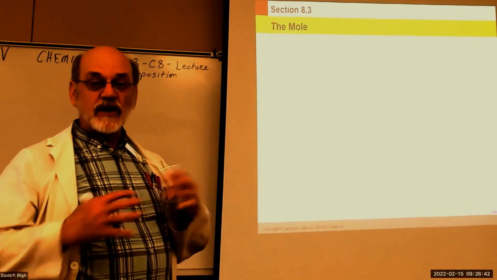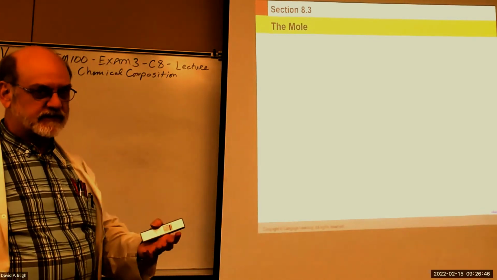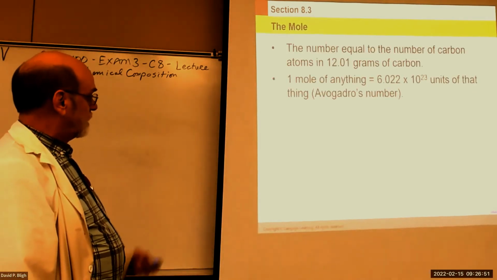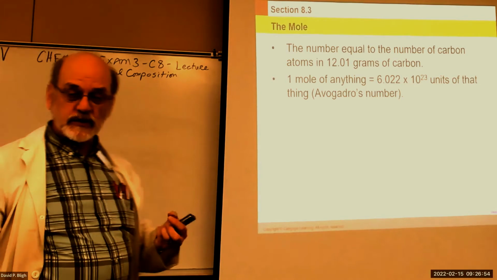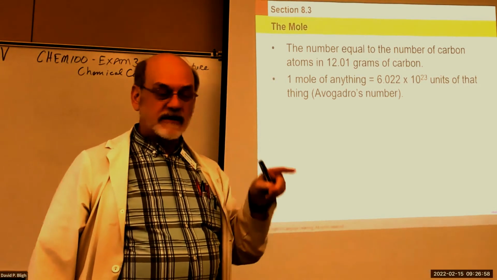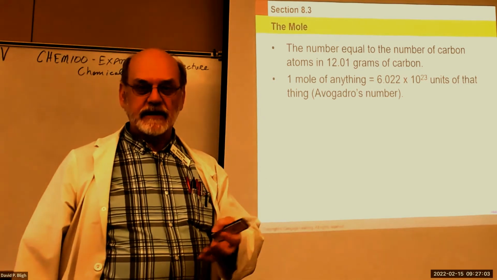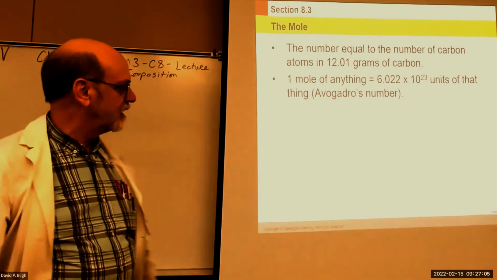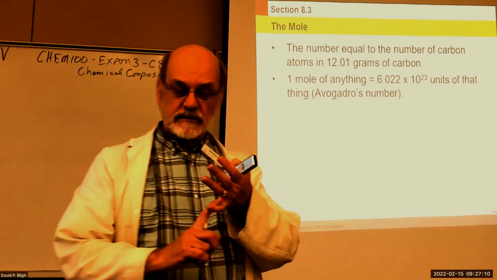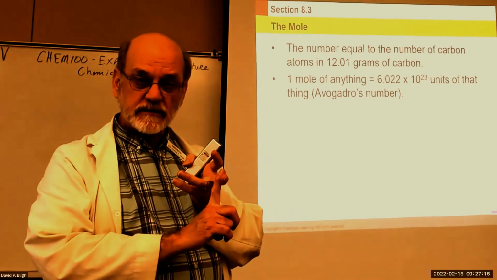The mole is just a number. It's a number of things. It's a big number of things. It's equivalent to 6.022 times 10 to the 23rd things. That's a mole of things. So if we say 1 mole equals that number, we have a conversion factor, right? It's an equivalence. In our case, it could be atoms, it could be ions, it could be molecules, right?